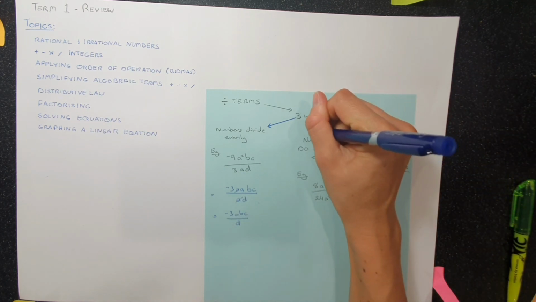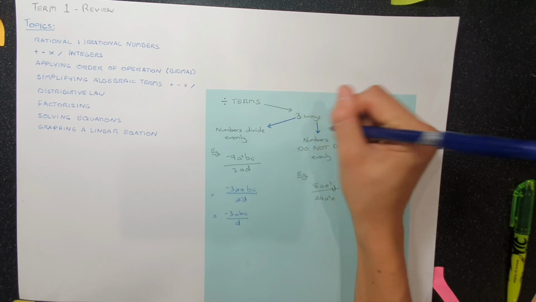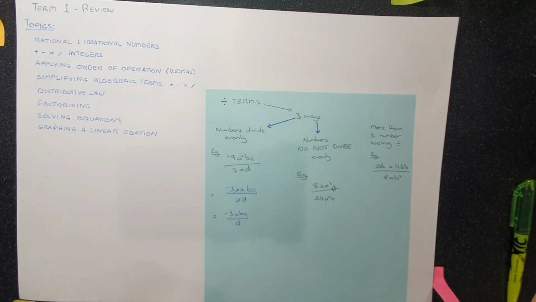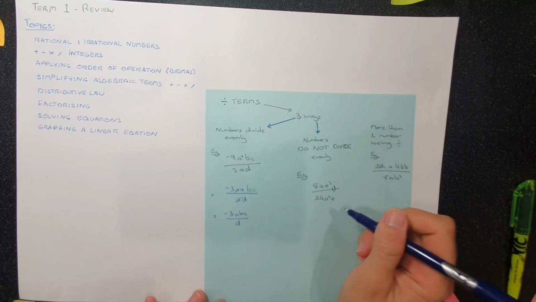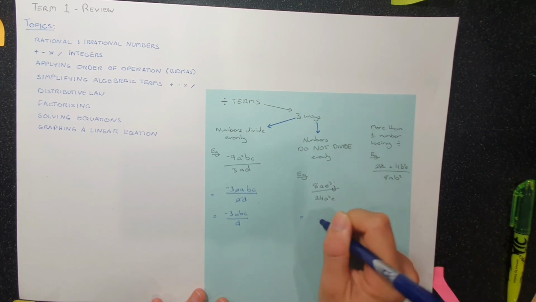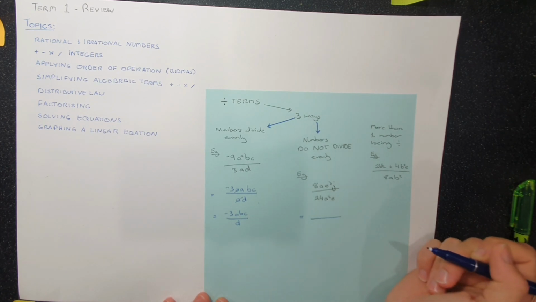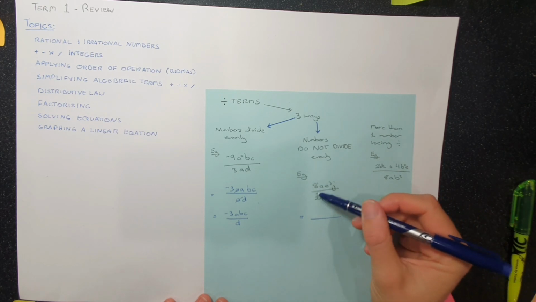If the numbers cannot be divided evenly, we have to look for a highest common factor. Remembering, the first step is to put my equal sign down and draw in the vinculum. I'm looking at my numbers, 8 divided by 24.